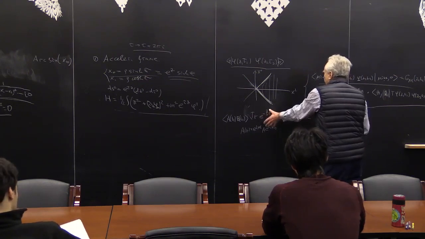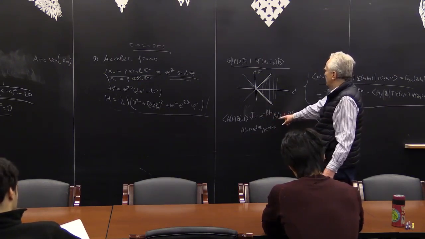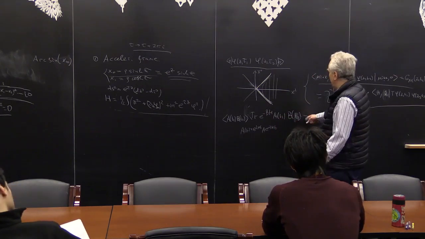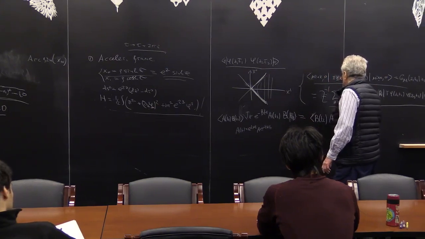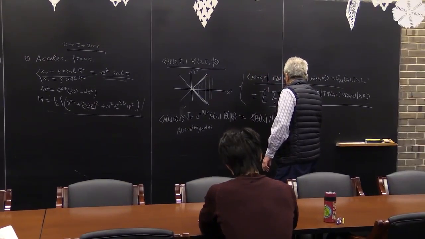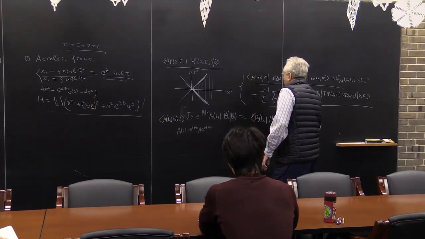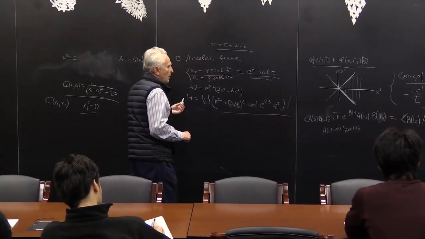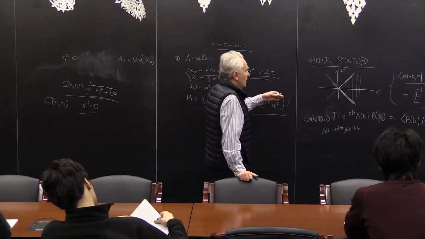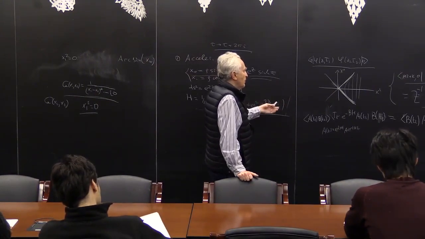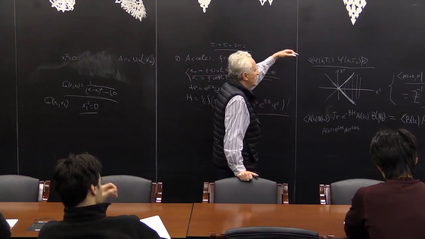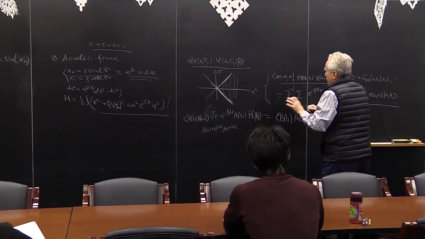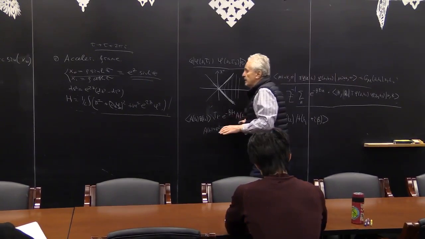If it was not for this factor, the statement would be simply that A(t1) B(t2) is equal to B(t2) A(t1). Here you have to shift by i beta. And when you translate it to the T product, to the chronological product, it means periodicity in imaginary time. That's the standard part.